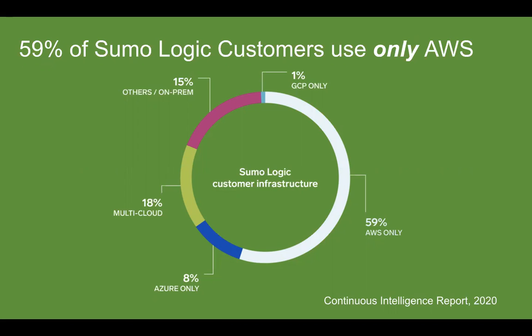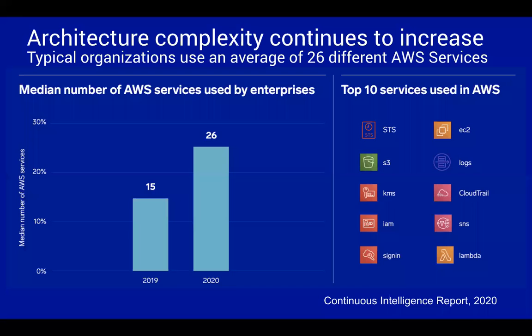So it kind of makes sense that we have a solution that's really just targeted at this particular use case. We also have a lot of customers in multi-cloud or on-prem, GCP, Azure. But this solution is targeted at these customers who are using AWS across the board and want to get better visibility into all of their AWS services and their entire application stack.